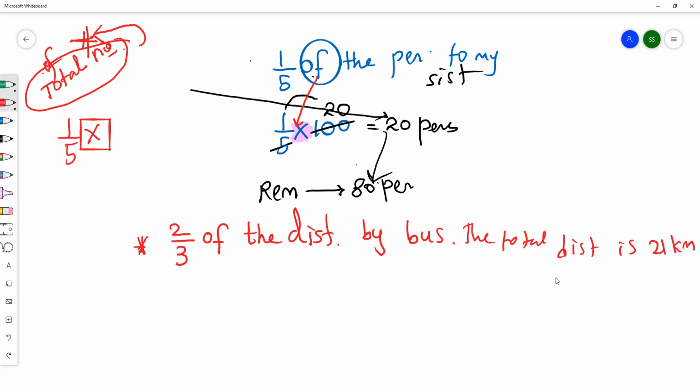The total distance is 21 kilometer. What is the distance traveled by bus? Listen carefully to this question, children. First question. What is the distance traveled by bus?